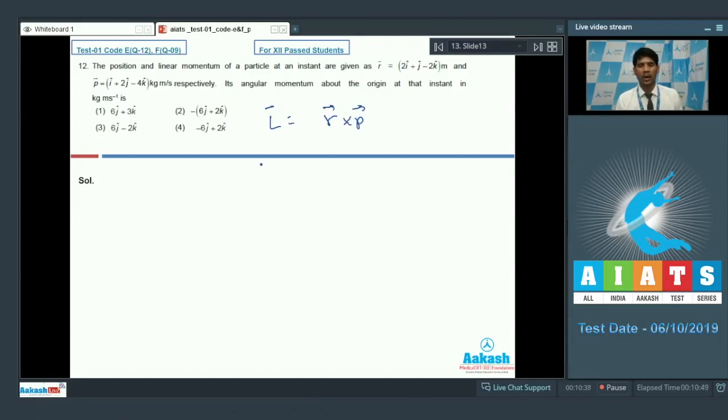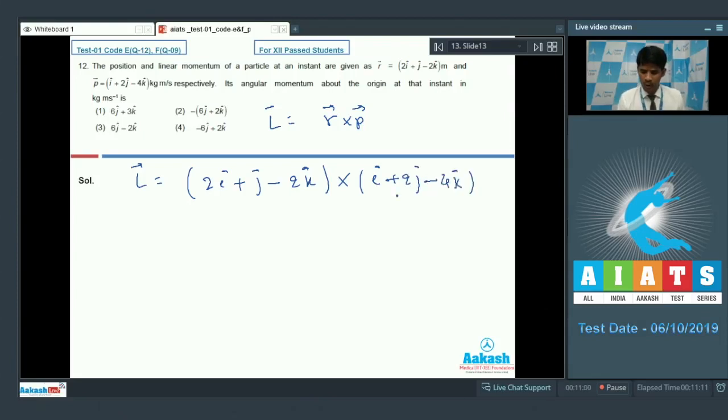Simply we need to find the cross product of the position vector and linear momentum. The position vector is 2i + j - 2k, cross product with i + 2j - 4k.